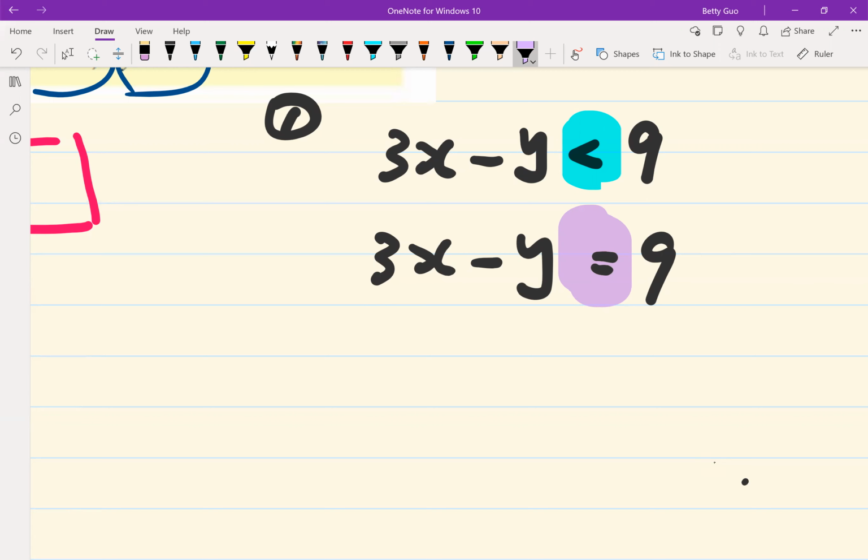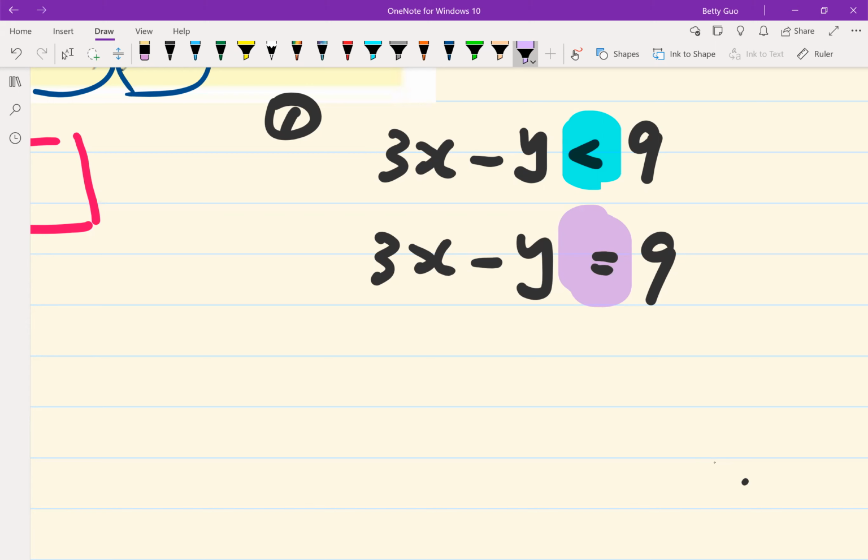So if you remove the inequality symbol and change it to an equal sign and you have a straight line, 3x minus y equals 9, is that a straight line? In what form? We have learned three forms for straight lines: standard form, slope-intercept form, or point-slope form? Standard form, exactly. So the original inequality is a linear inequality in two variables.